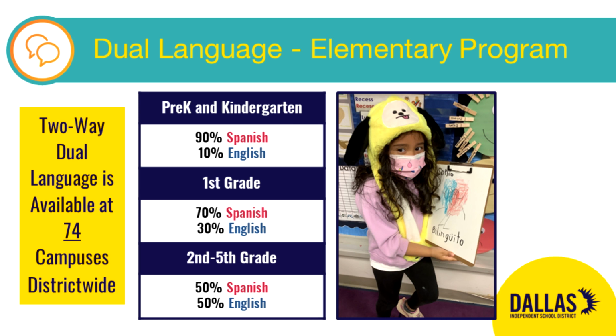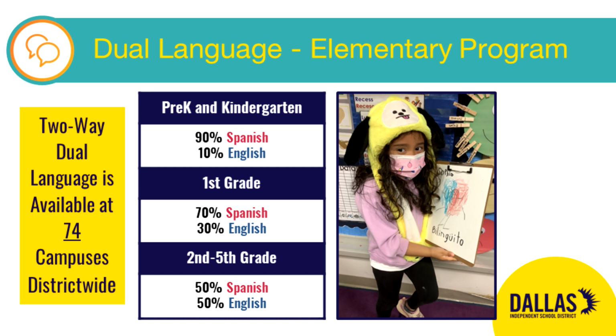So you can choose the one that is near or is more interesting and appealing to you and your child. The day will look like 90% of the instruction in Spanish, with 10% in English, in pre-K and kindergarten. And as you can see, the percentage of English increases as we go through their academic journey. In first grade, you will have 70% Spanish and 30% English, and it will continue to increase until it meets 50% in each language.